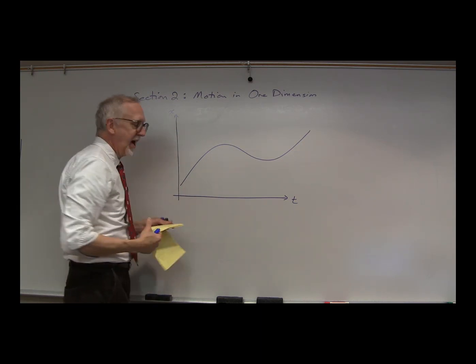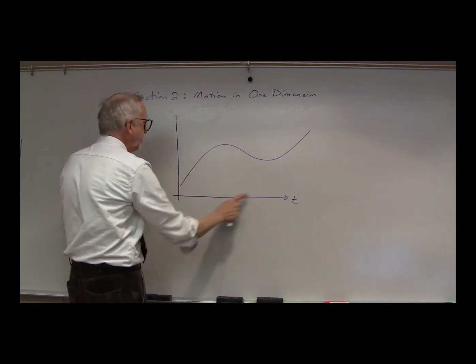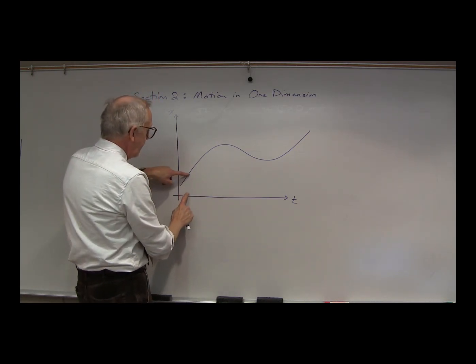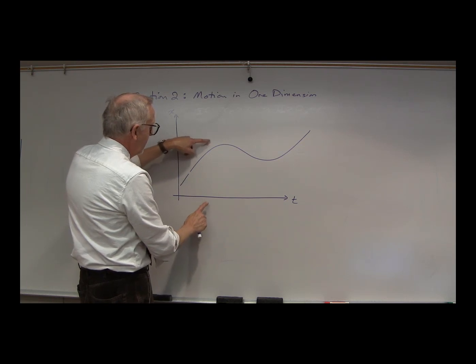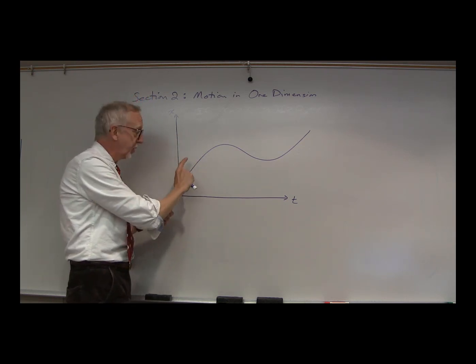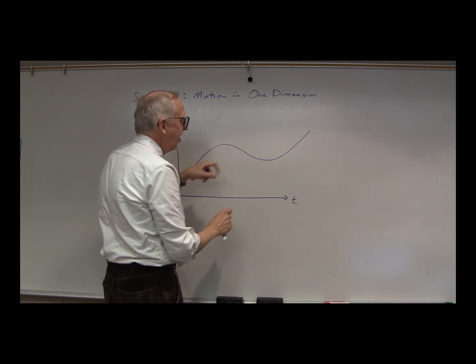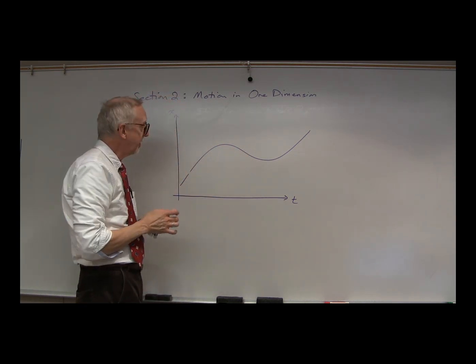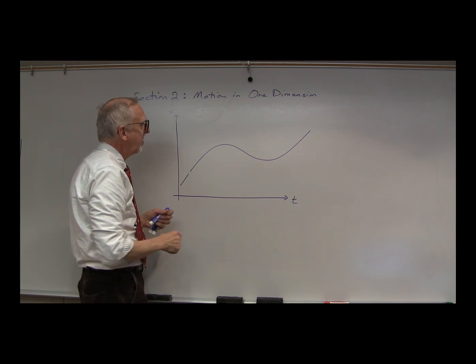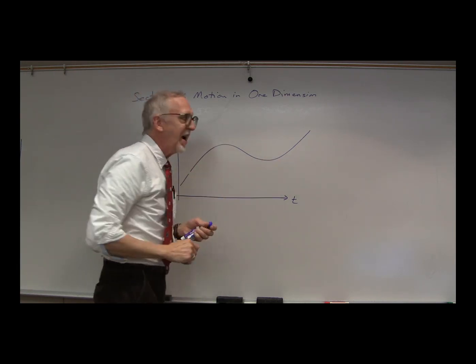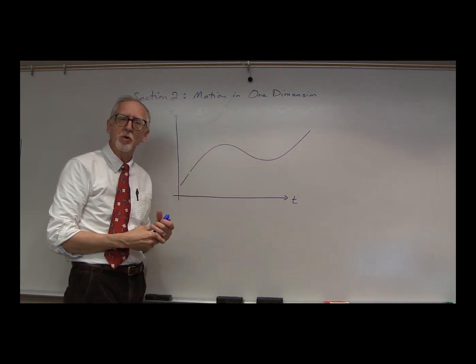So here, as t increases, we see that x is increasing, so this would be motion to the right, and then over here x is decreasing as time goes on, so that would be motion to the left, as we'll see. Okay, very good. So we've got this graphical interpretation of what the motion looks like.